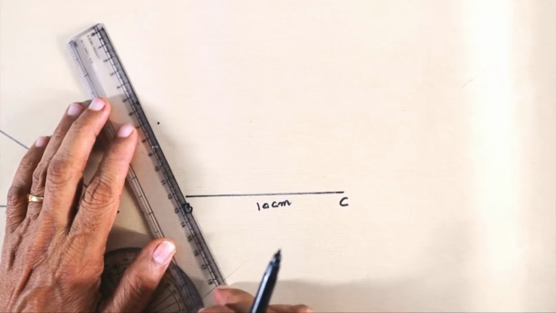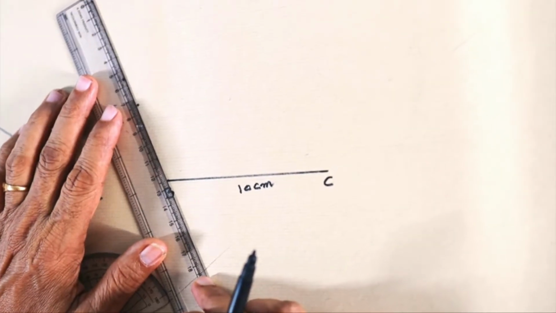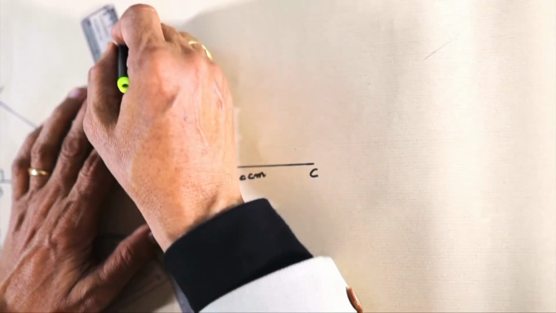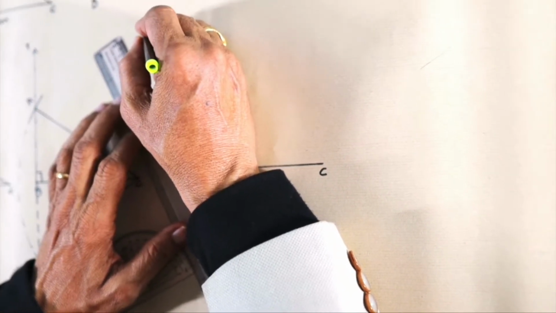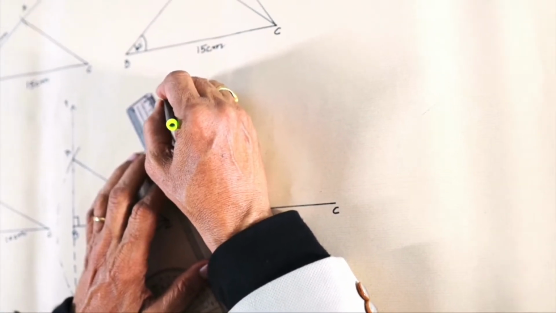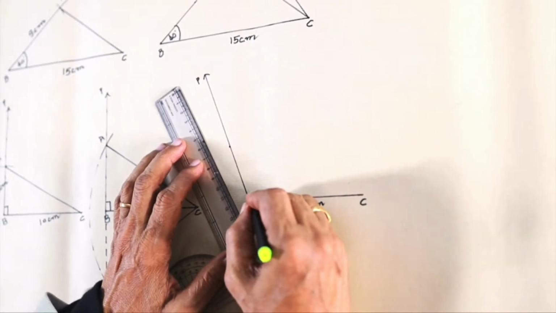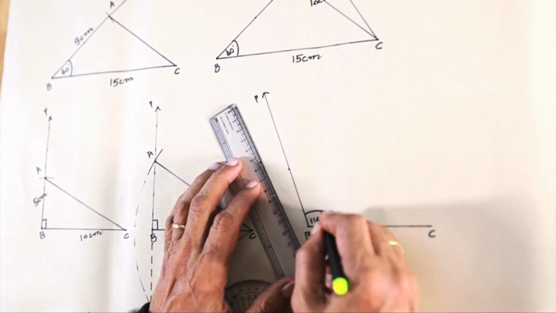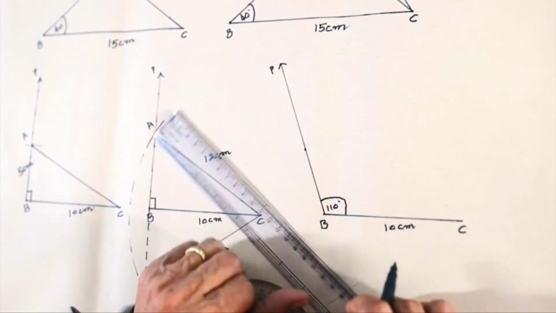Join these 2 points and extend a little. Call this ray BP. This angle is 110 degrees.